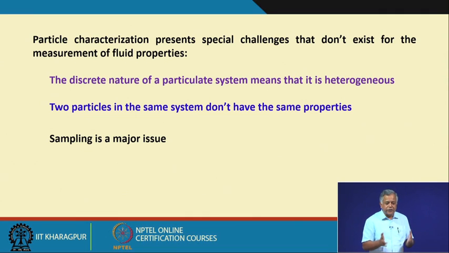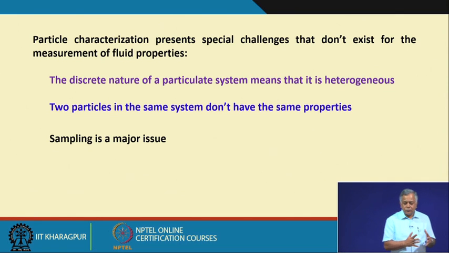And as we discussed in the previous week, we are processing hundreds of tons of material per unit time. So, it is impossible to determine the individual particle characteristics. So, what do we have to do?